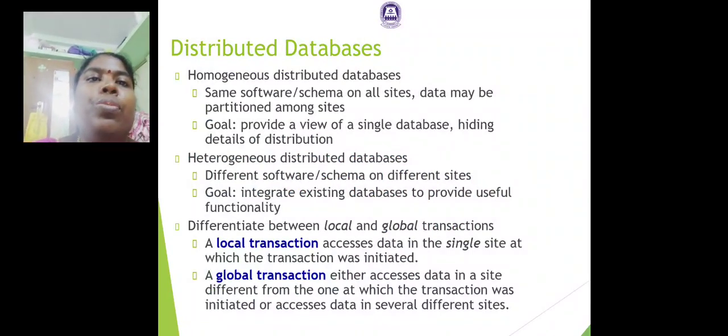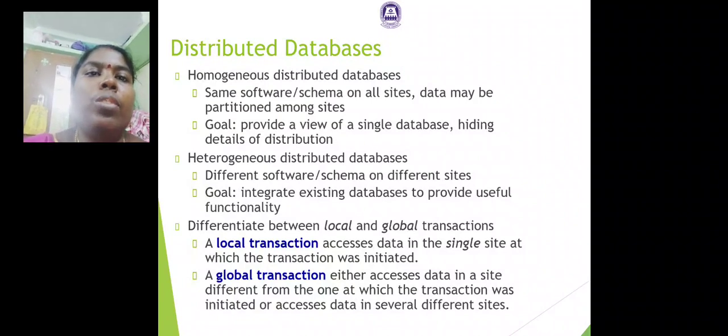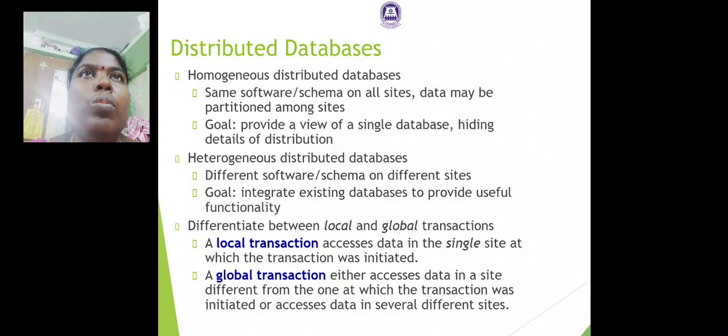We have two different types of distributed databases: one is homogeneous, another is heterogeneous. The data reside in more than one system, and each system has the same type of software or different types of software.